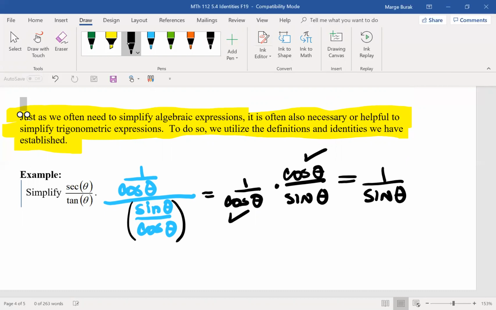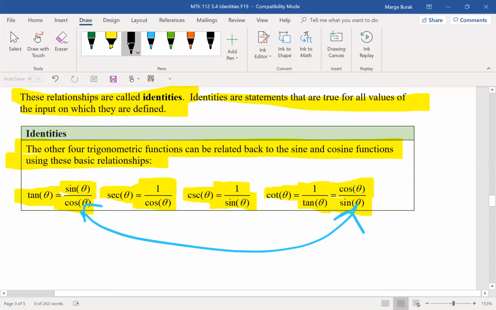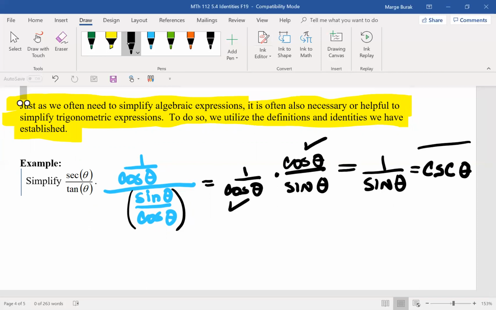We also know the reciprocal of sine is the cosecant. So the final simplification is cosecant of theta. It's simplified because it's going from a complicated fraction to just a simple term.